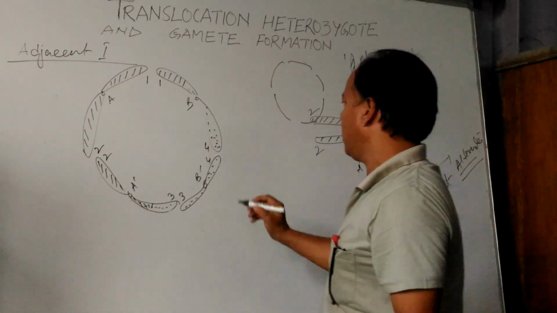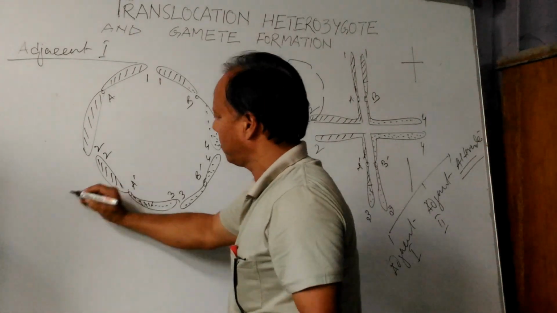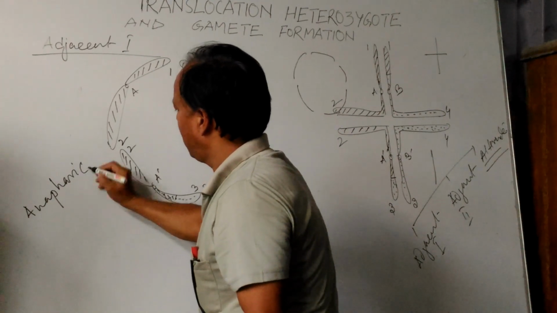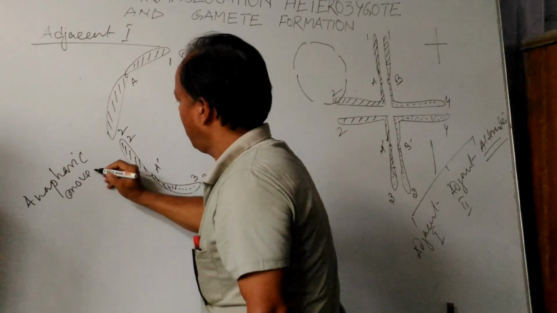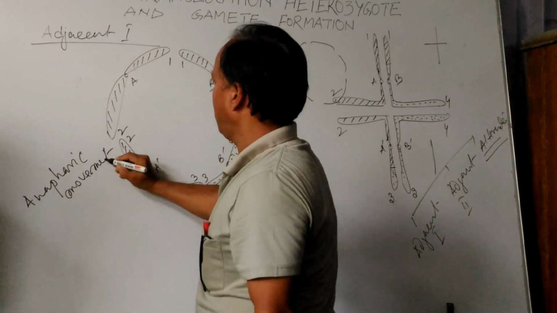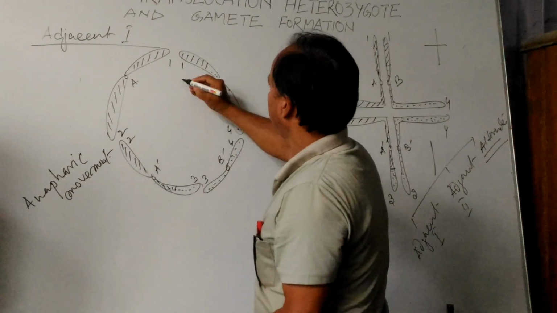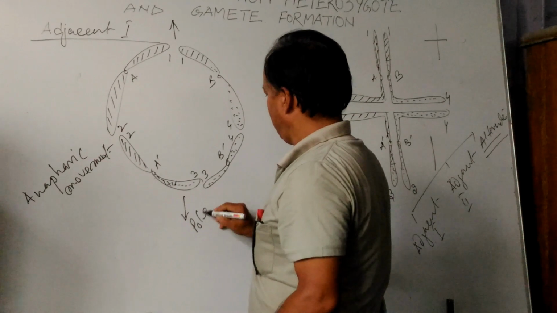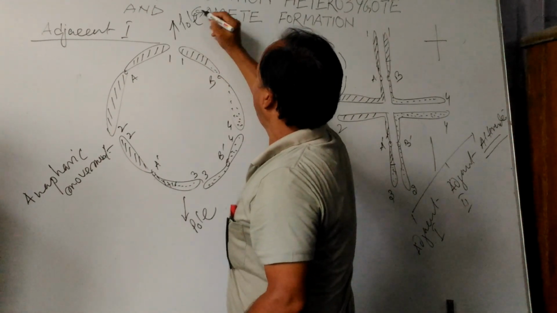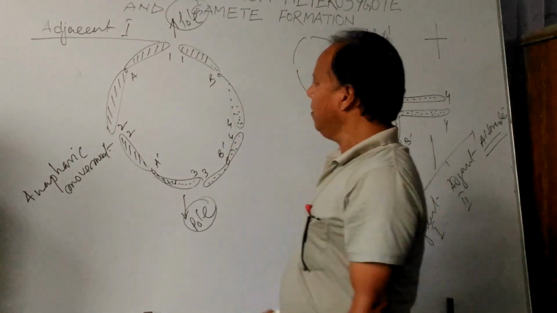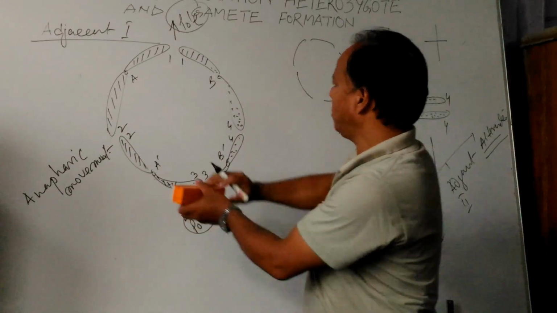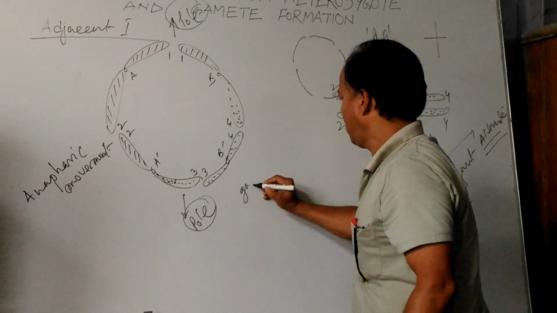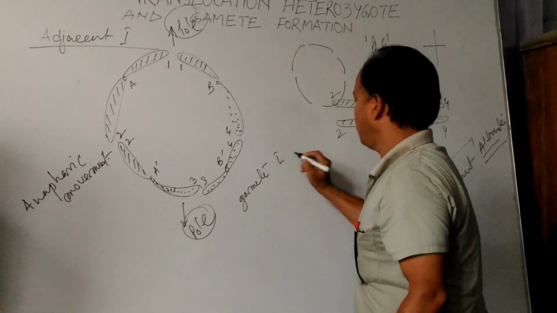So this is the ring. It is in anaphasic movement now. So this is the pole and this one is the pole, two opposite poles. So to the upper pole, the upper 2 chromosomes, and to the lower pole, the lower 2 chromosomes will move to the formation of the gamete.